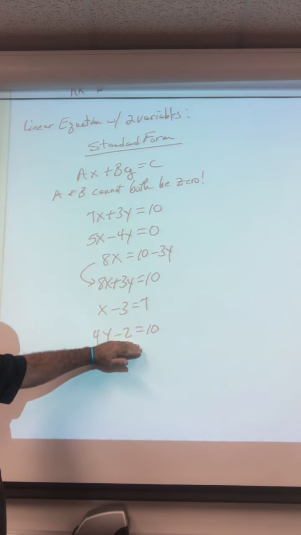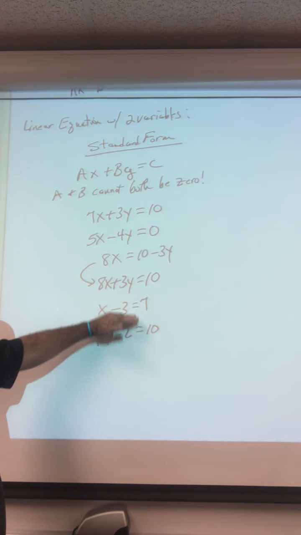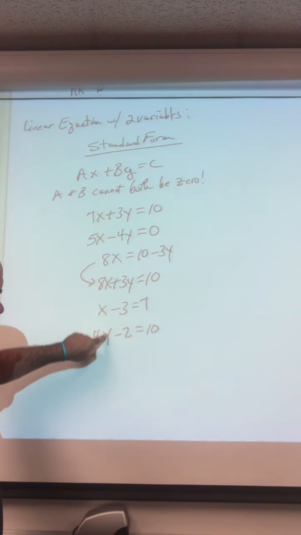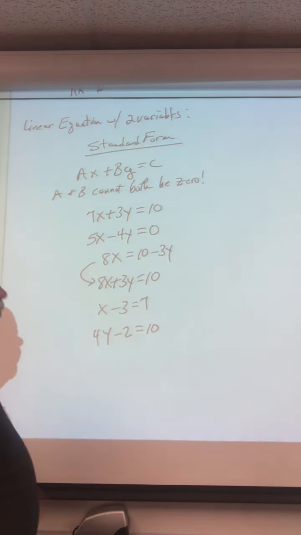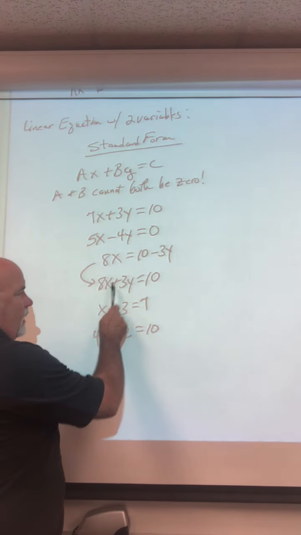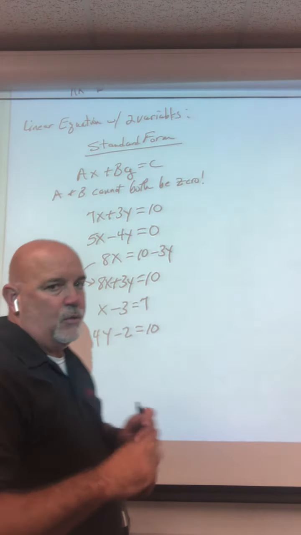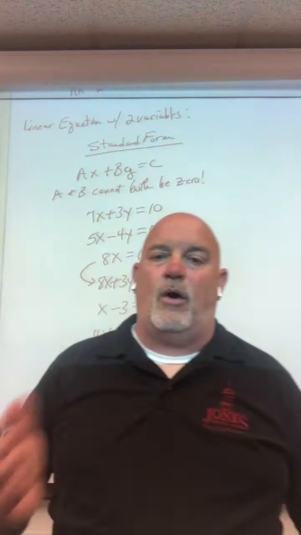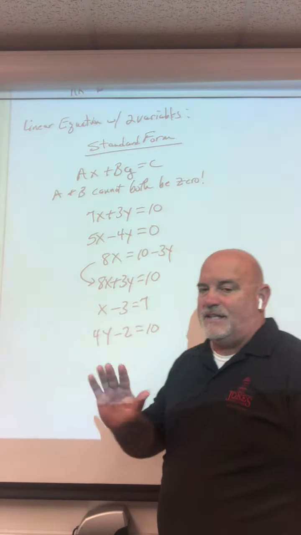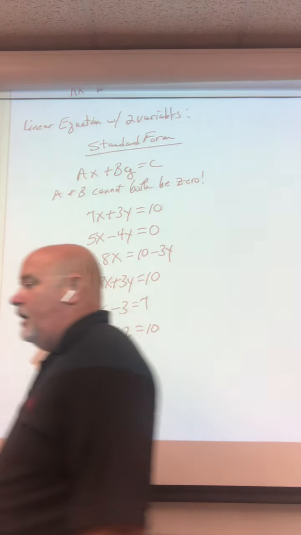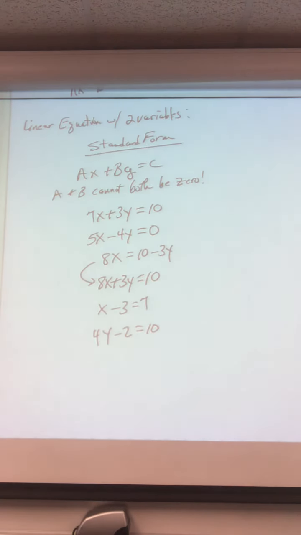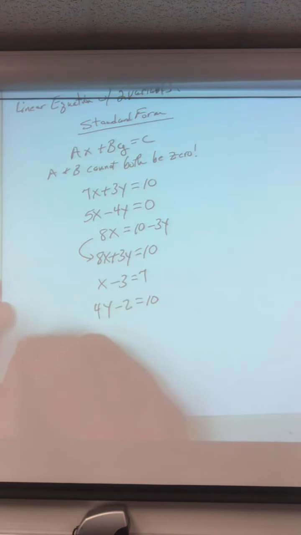So is this one. But the difference in these two, these are linear equations in one variable. These are all linear equations in two variables. What makes them linear? Because every variable is to the first power, whether you have the x or the y or both. All right, so that's all I want you to see right now, is what a linear equation looks like.